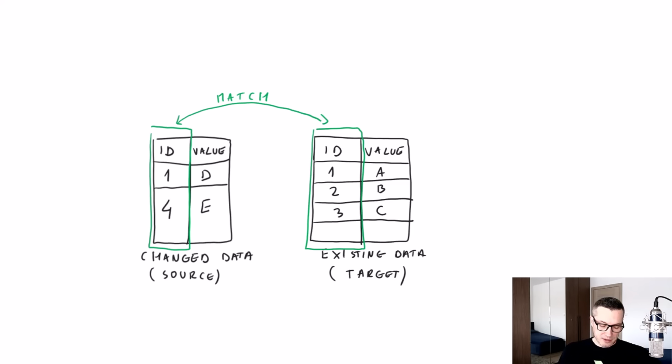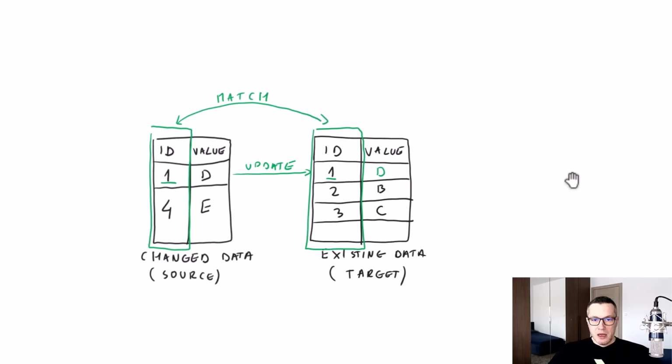In our case, that's exactly the case for ID number 1 because it exists in both data sets. And this row we want to update, which means that we would take the value D and use it instead of value A. We want to update the target table.